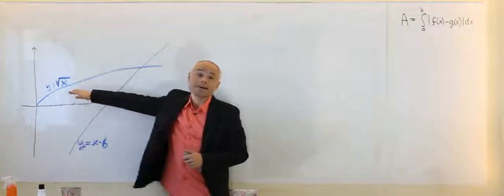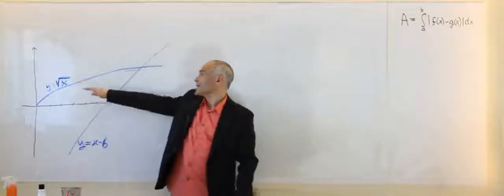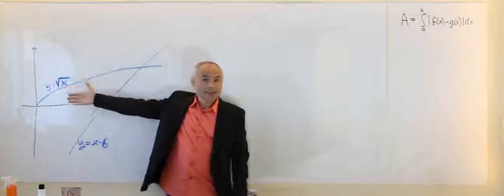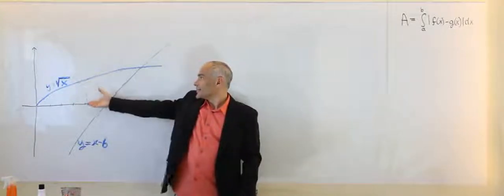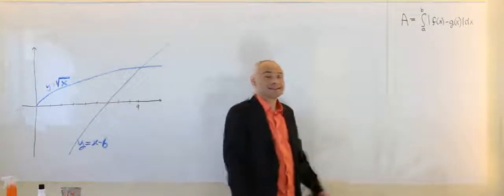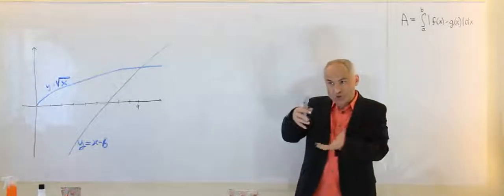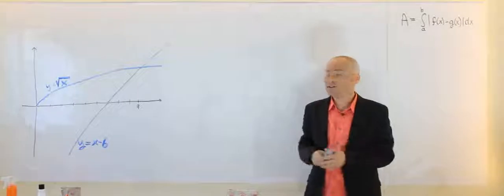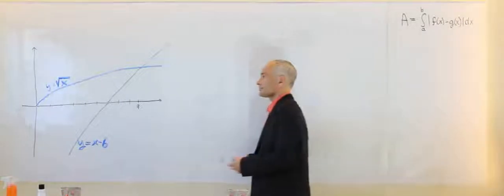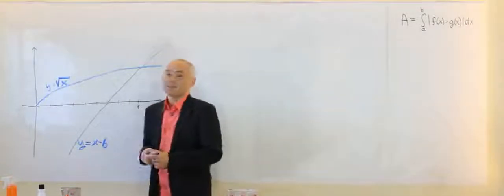So notice that unlike in the previous example, here this region is not directly seen as the one trapped between the graphs of two functions and two vertical lines, right? So what can we do here?